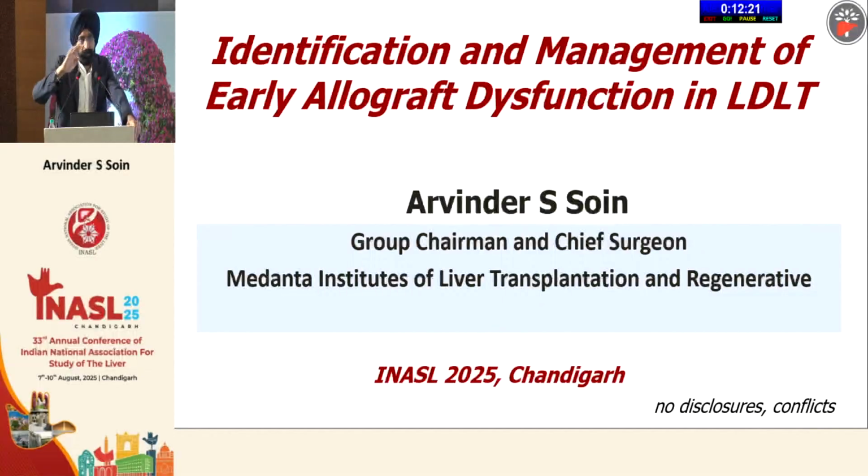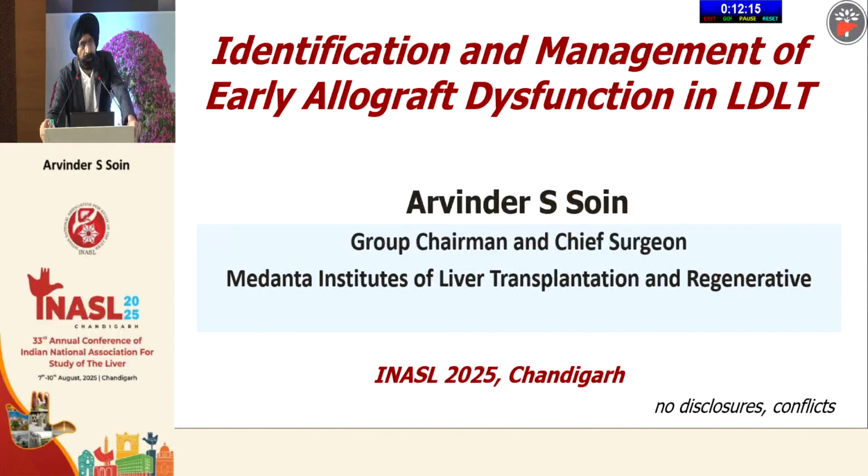So then we got into the territory of saying that there was ischemia reperfusion injury or primary non-function of the graft. But with living donor liver transplantation, the volume of the graft that has been transplanted into the patient has reduced. And at some level, that may make a difference. And of course, the cold ischemia time and warm ischemia time are pretty low.